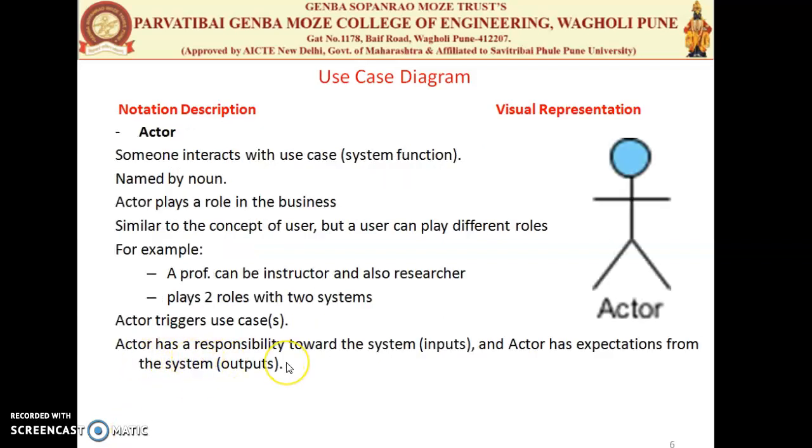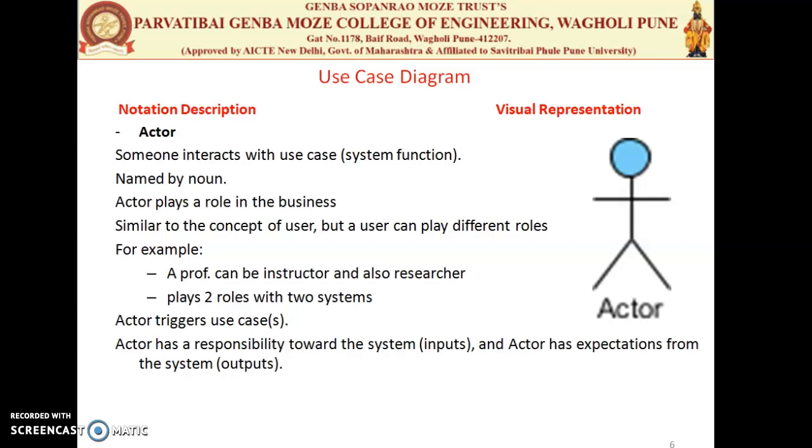The actor has the responsibility towards the system inputs and has the expectation from the system, that is the output. It gives some input to the system and expects some output from the system. If you take the example of the library management system, it may be a librarian and the student.